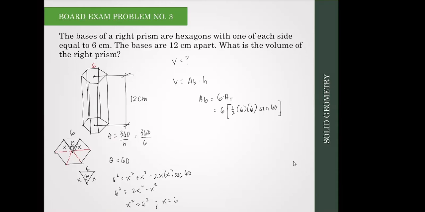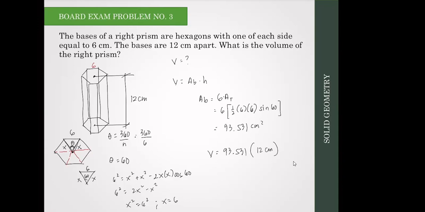So, this will be 6 times 6 times 6 sine 60 divide 2. Okay, so that is 93.531. So yung volume natin will be equals to 93.531 times yung 12 cm natin. So this is cm squared.